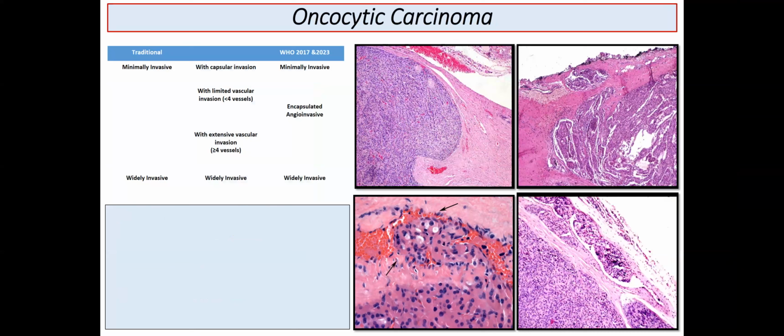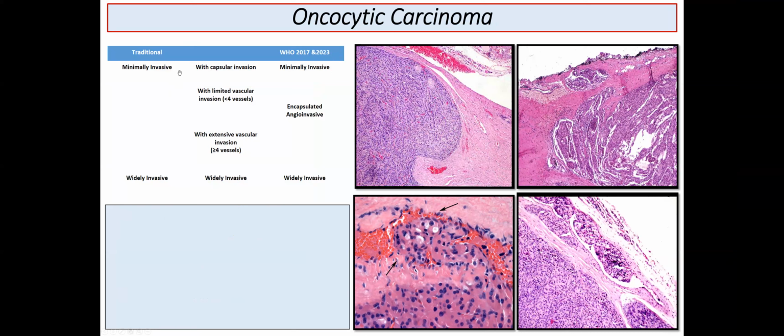Now, how do we diagnose carcinomas? This is a table from WHO, and this is going to be also in 2023. All non-papillary follicular-derived carcinomas which are well differentiated are divided into minimally invasive and widely invasive.